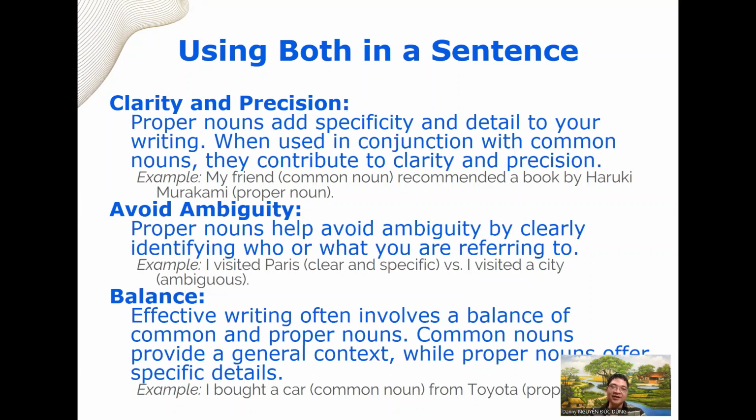They are very clear and precise when we mention exactly the name of a thing, a person, a city, etc. However, the common noun has its role as well. It provides us a general context when we do not know the proper noun, or we want to mention a family or types of things.